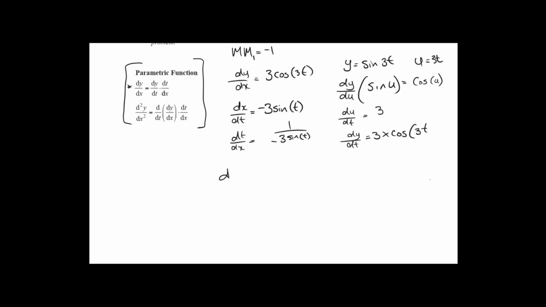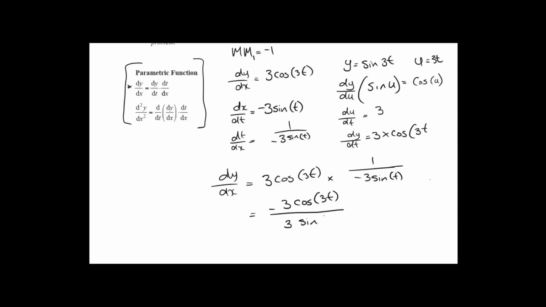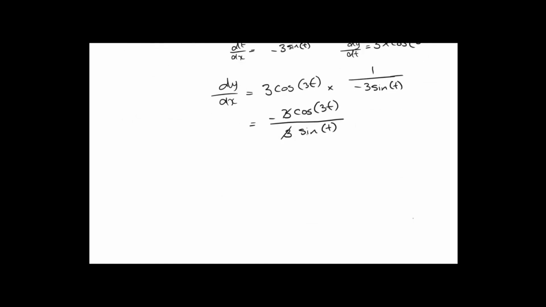So dy/dx is going to equal 3 cos 3t times 1 over -3 sine of t, which is going to be -3 cos of 3t over 3 sine of t. They're going to cancel. And do we have enough now to find what that is? Yes, we do.